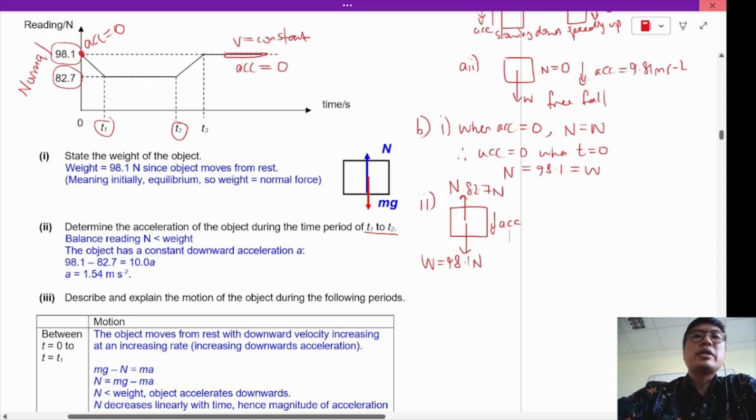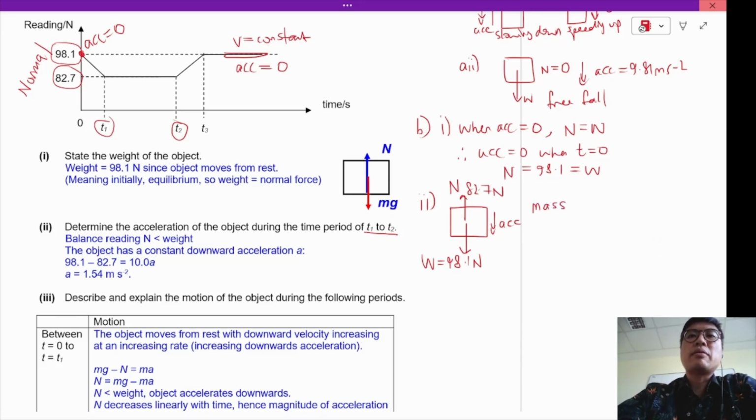Now, in order to find the acceleration of the object, we need to find the mass. So how do we find the mass? The mass of the object will be the weight of the object divided by g. The weight of the object is 98.1 and g is 9.81. So the mass is 10 kg. So actually, this box is 10 kg of mass.